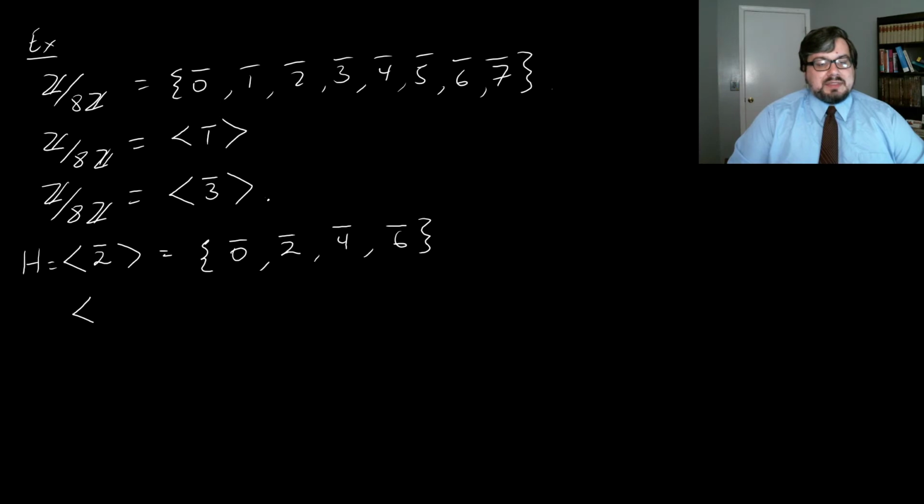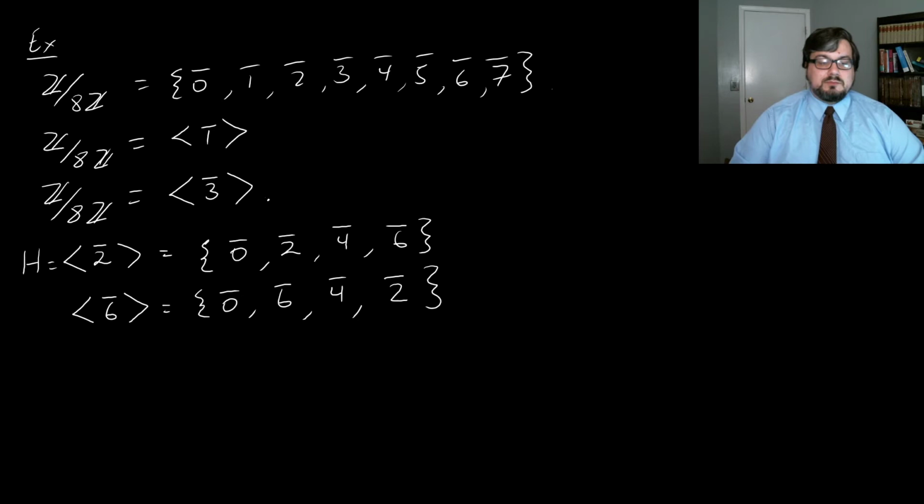Well, let's look at the cyclic subgroup generated by 6. It contains 0, the identity, 6. Now 6 plus 6 is 12, which is 4 mod 8, and 6 plus 4 is 10, which is 2 bar, and then 6 bar plus 2 bar is 8 bar, which is 0.